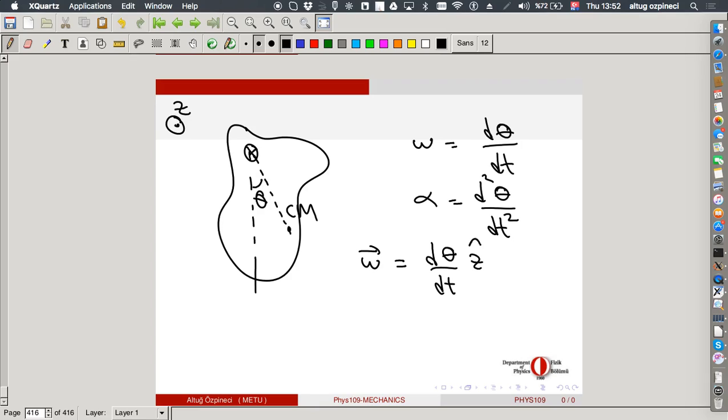So how can we determine the angular acceleration? This will be d squared theta by dt squared in the z hat direction. Now what will it depend on? What is the analog of Newton's second law for rotational motion?